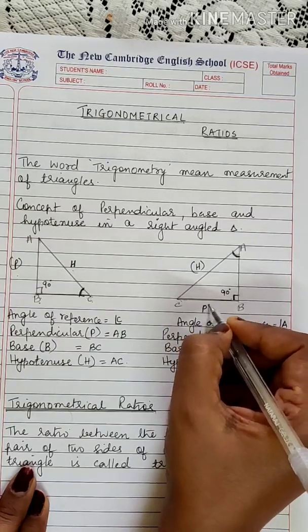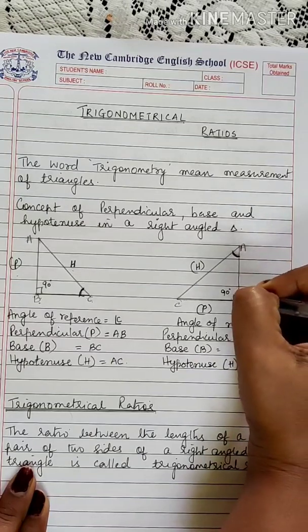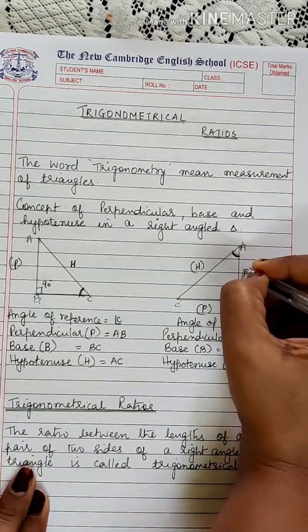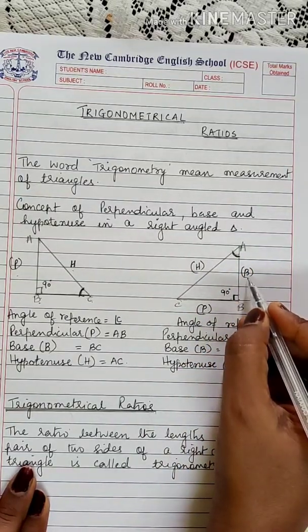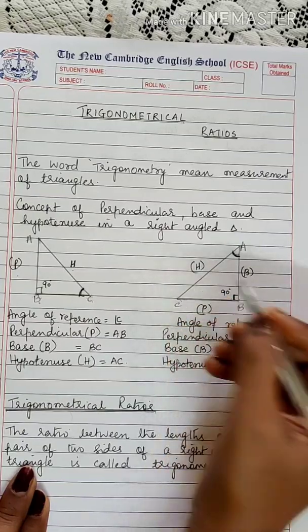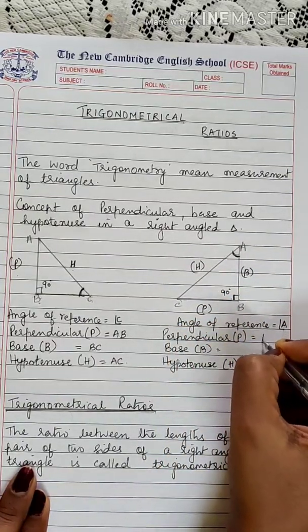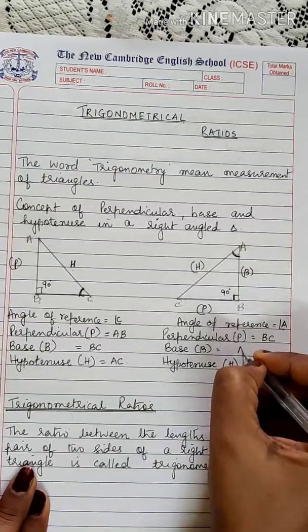So, what do you call that? That is perpendicular. And the side adjacent to this angle is AB, which we take as base. So, P stands for perpendicular, B stands for base, H stands for hypotenuse. So in this case, perpendicular is BC and base is AB.